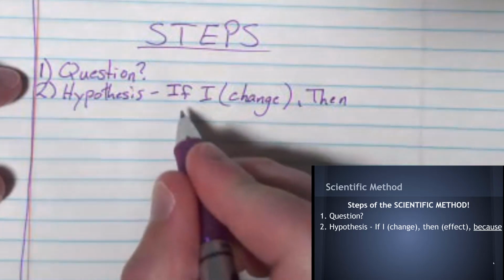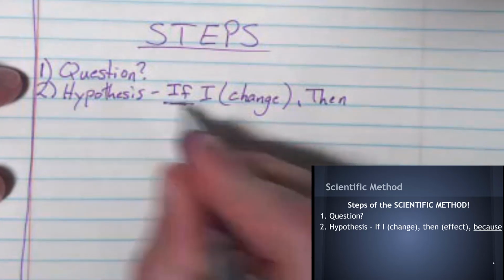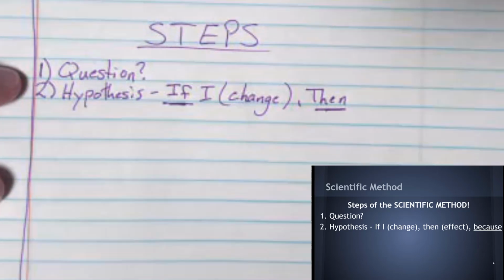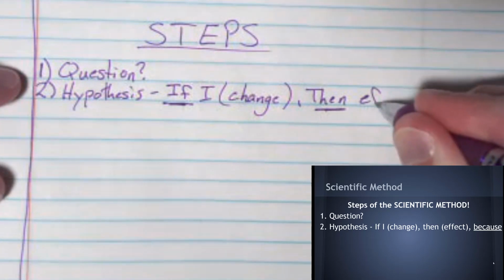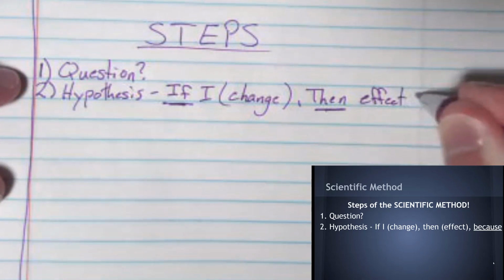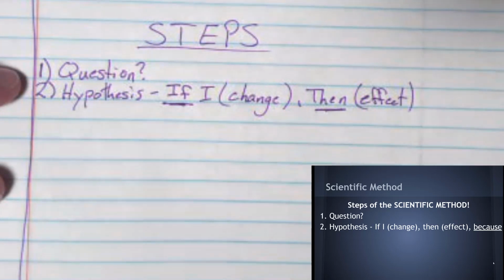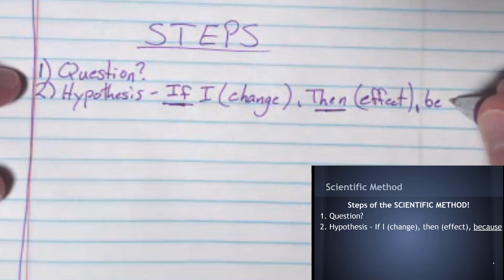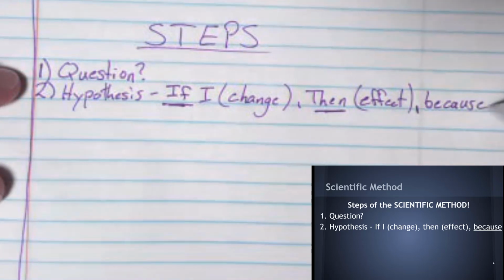So the key words are if and then. Then we have our effect. And as always, we need to explain why. Why do we think that? We can't just randomly make statements without a reason.